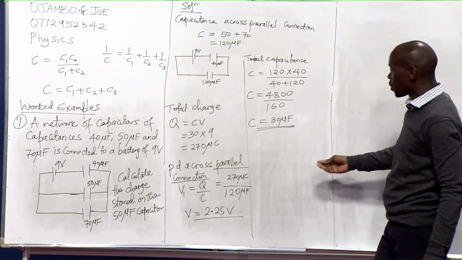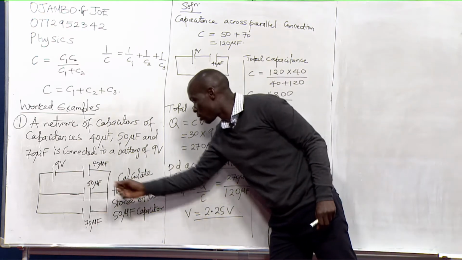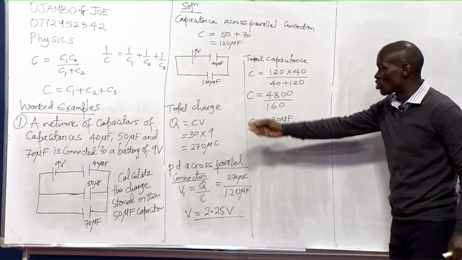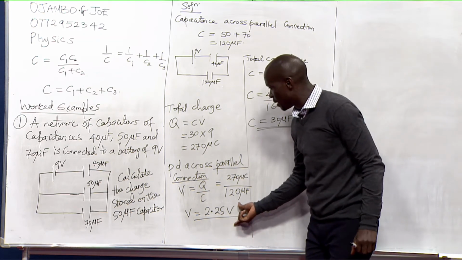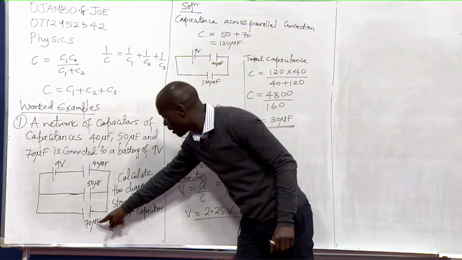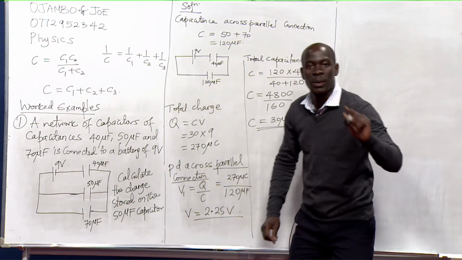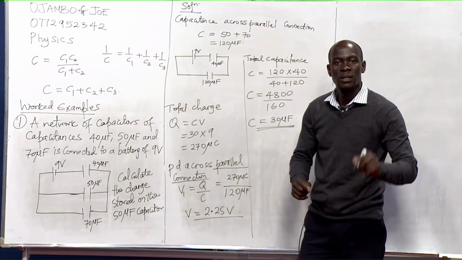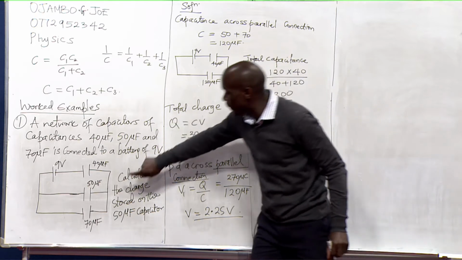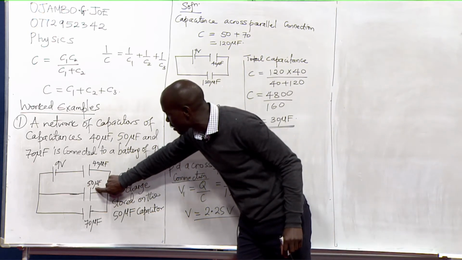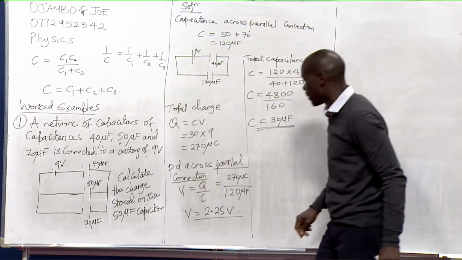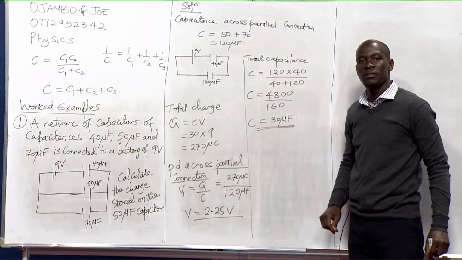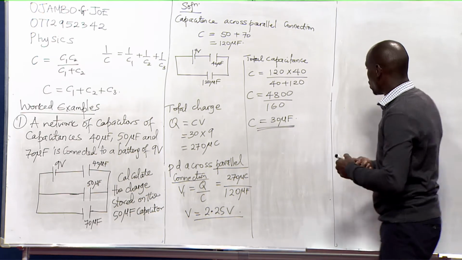We can now go and find the charge stored on the 50 microfarad capacitor. Why? We have the PD. Since these ones are in parallel, and we discovered that the PD across a parallel network is the same, the PD across the 50 microfarad capacitor is the same as the PD across the 70 microfarad capacitor, which is 2.25 volts.